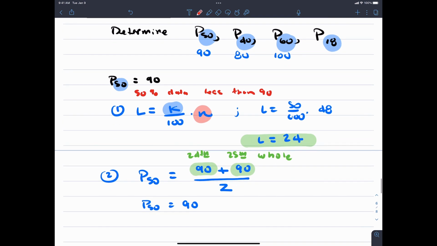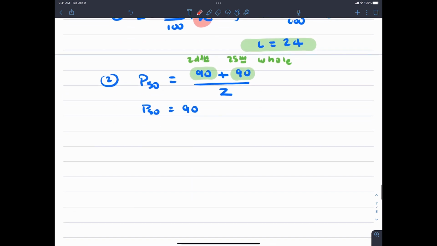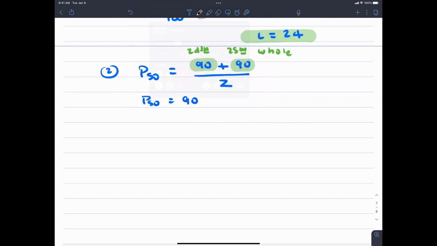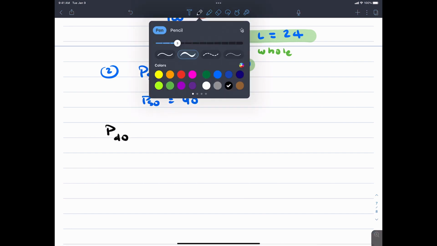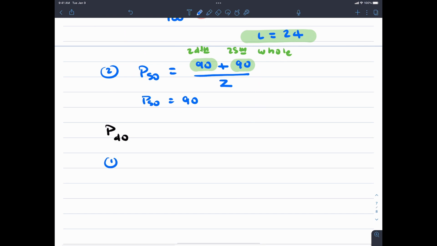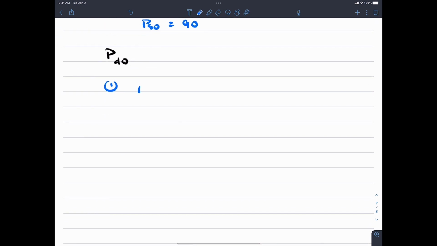That's important. All right. So what's the next one going to be now, ladies and gentlemen? These are percentiles, right? P40. We're going to do this again now. Your locator is going to be K over 100 times N. Every time you use your formula, write it down. K is 40, 100 times 48.